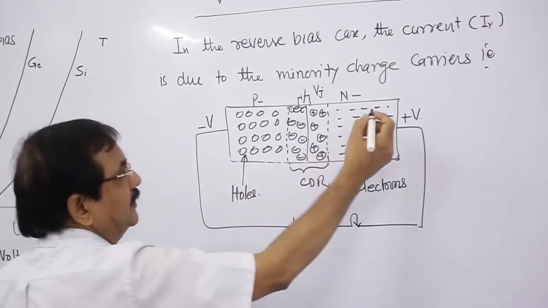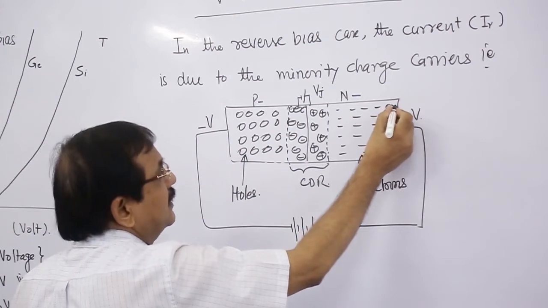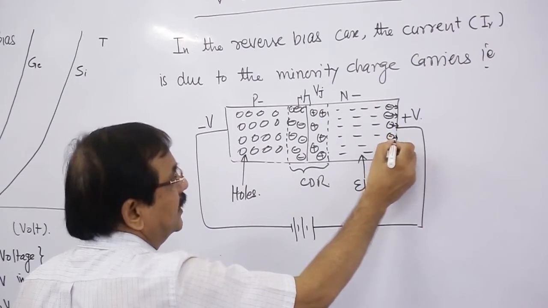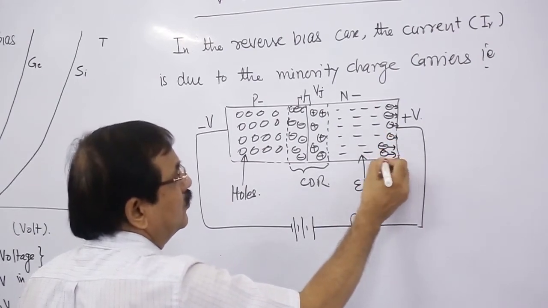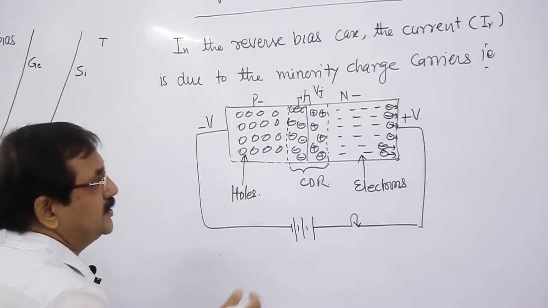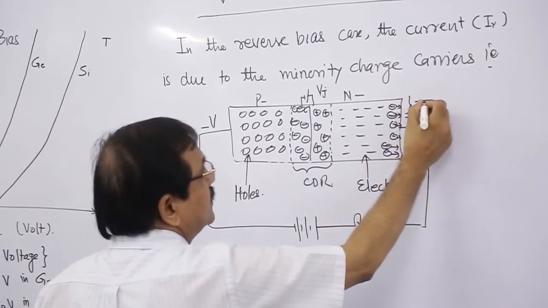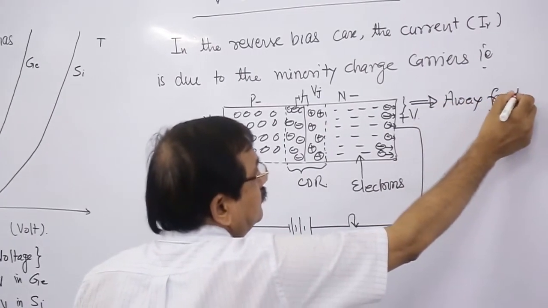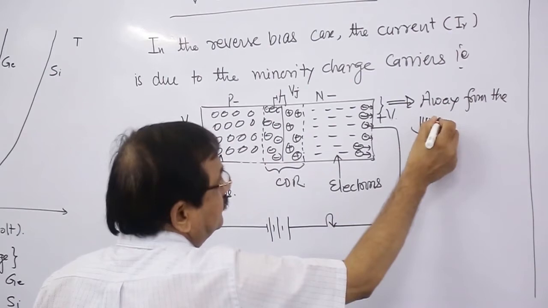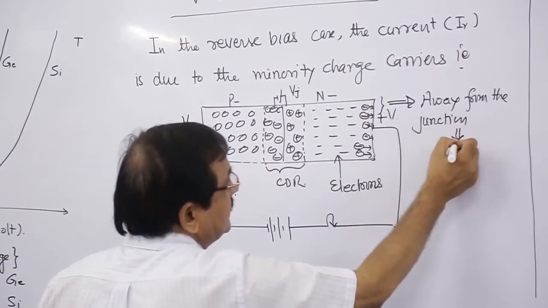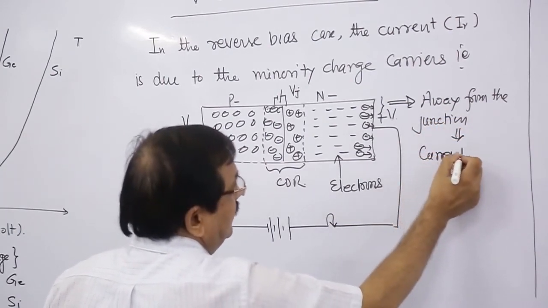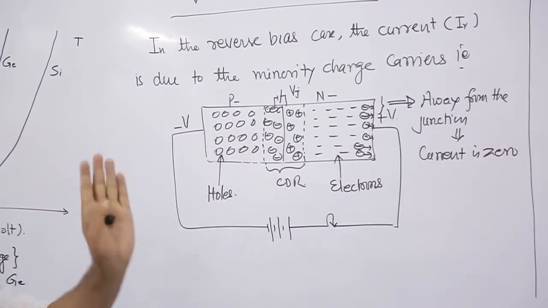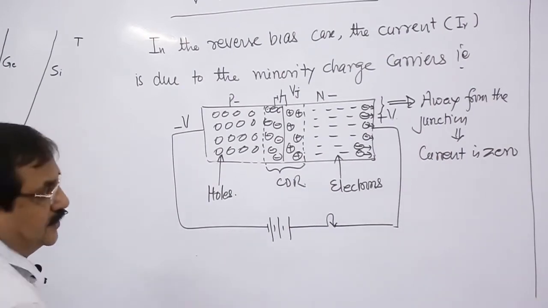So what will happen? These electrons try to move towards the terminal, away from the junction. That is, the motion is away from the junction, which means current is 0. No current is flowing across the junction.